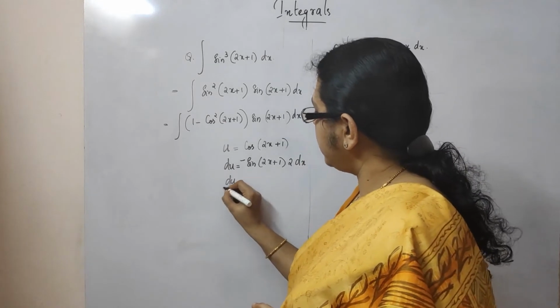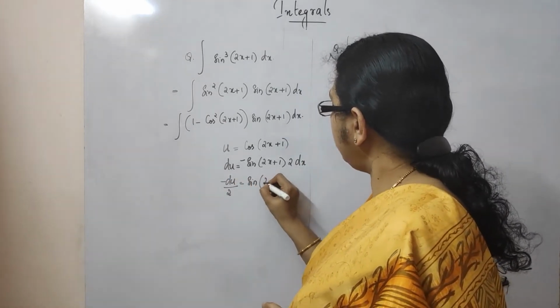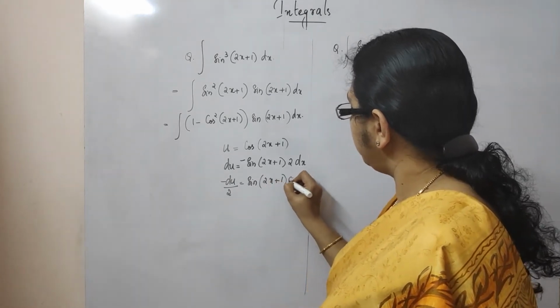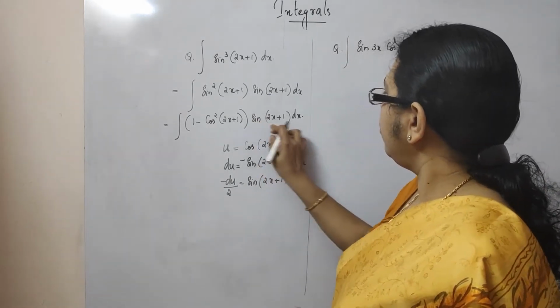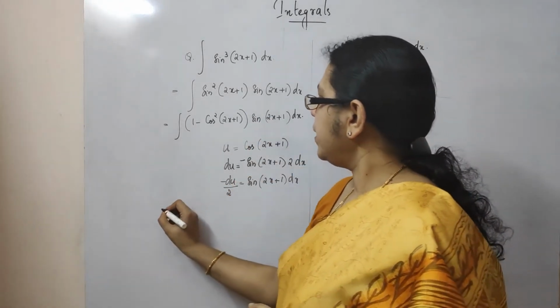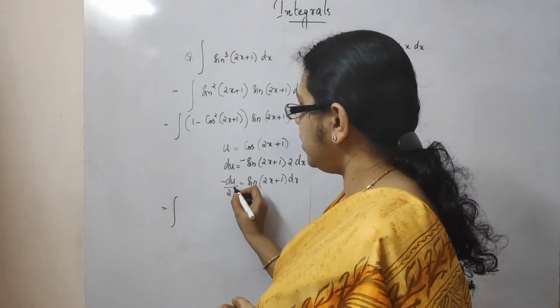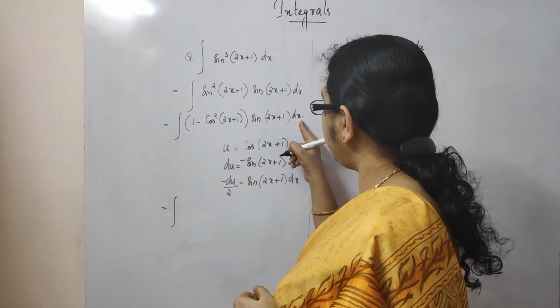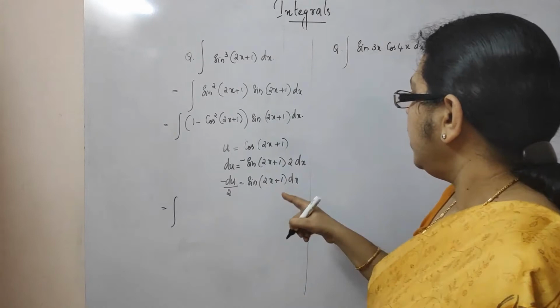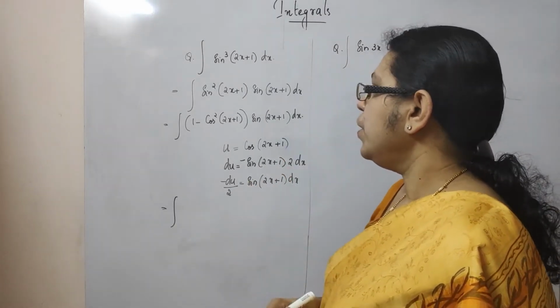So I get this as negative du by 2 is equal to sine of 2x plus 1 into dx. Now I can write this as the integral of, I have minus du by 2, which I will replace for sine of 2x plus 1 into dx.